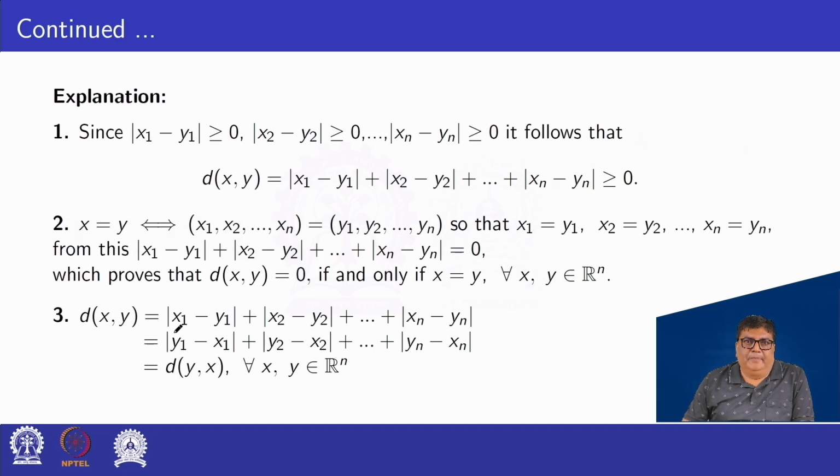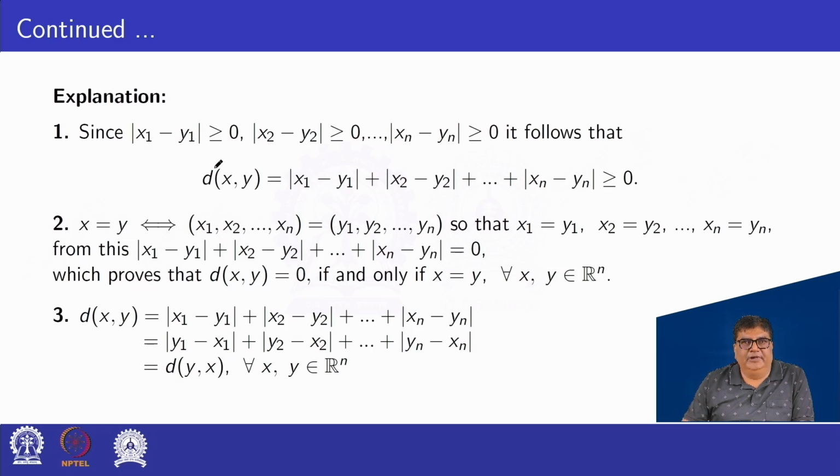So first term can be written as modulus of y1 minus x1, plus second term can be written as modulus of y2 minus x2, plus and so on, last term modulus of yn minus xn.